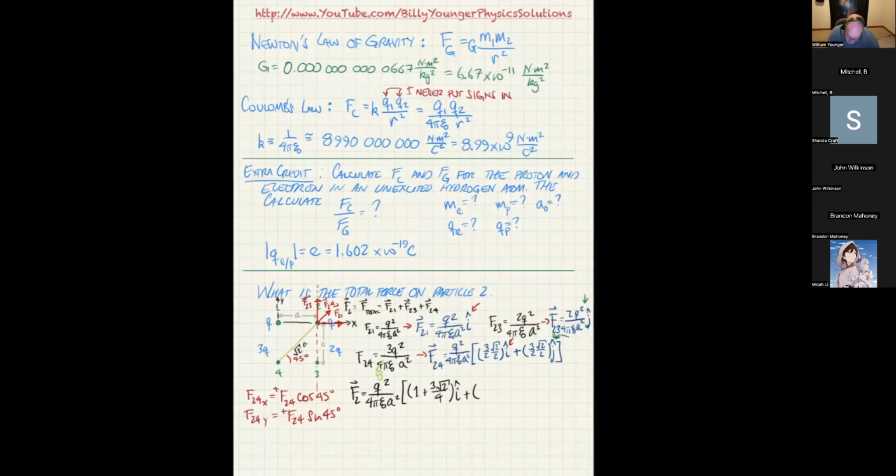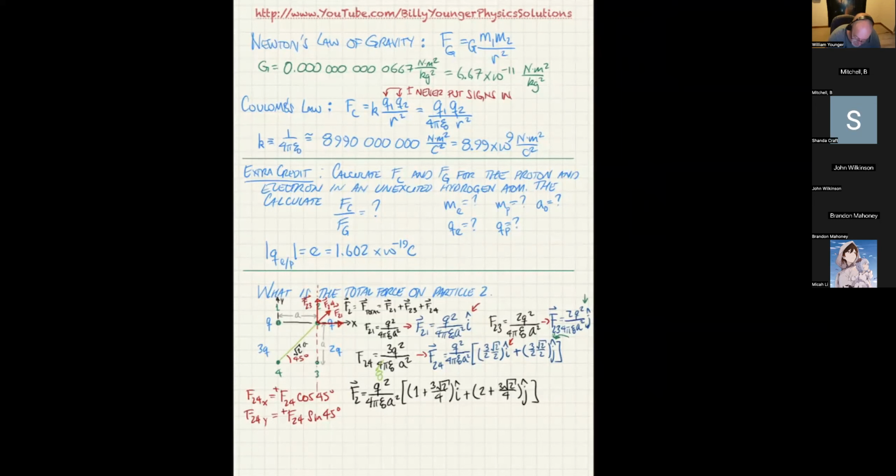And what I see is F23 has a 2 in front of it, but everything else is the same. So I'm just going to put 2 plus 3 root 2 over 4 again, just like the last one, and then times j hat.